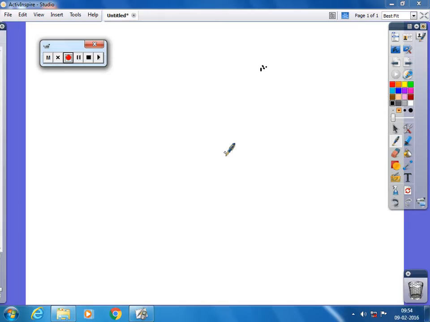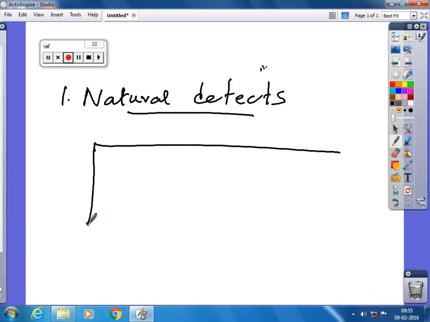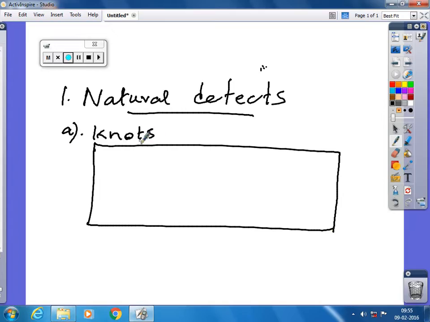And there are two defects in timber. Note down: defects of timber. Natural defects and other defects. Have you heard about knots?